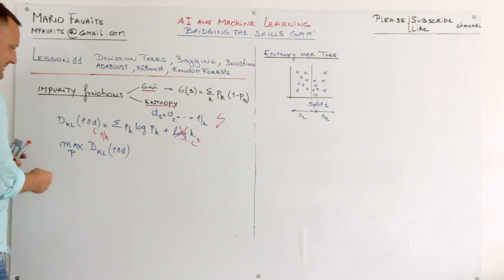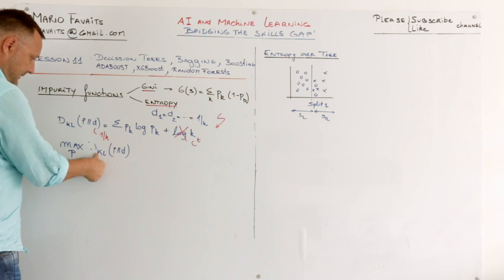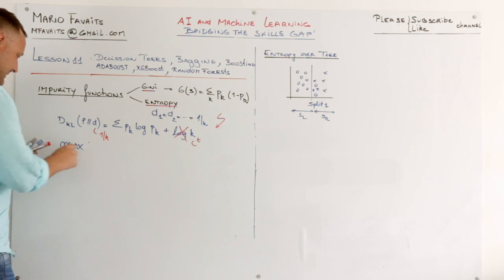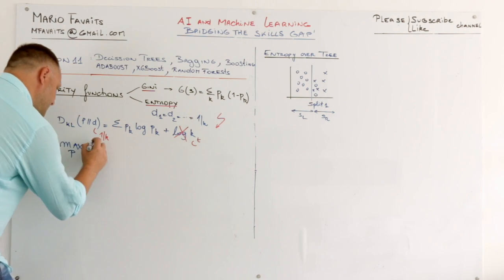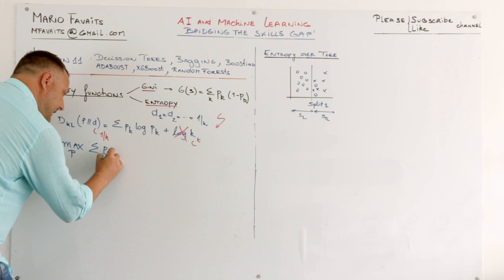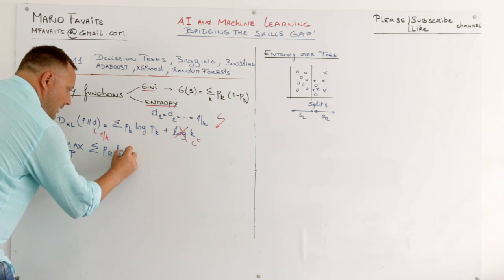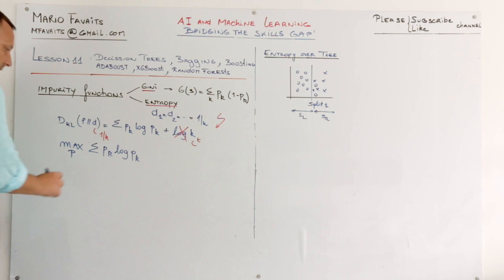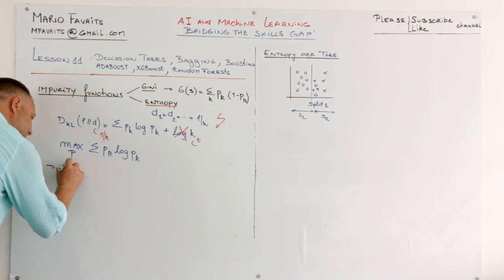So what we need to maximize is a bit simpler now. We want to maximize the sum of pk times log pk. But that's the same as minimizing.